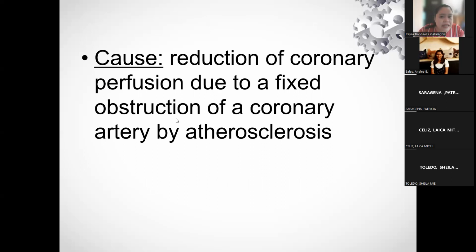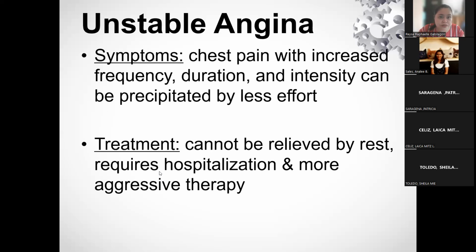Ganun pa rin. There is a reduction in the blood supply in the heart. So definitely there will be a reduced amount of oxygen also. And the obstruction in the blood flow may also be due to atherosclerosis. Okay?